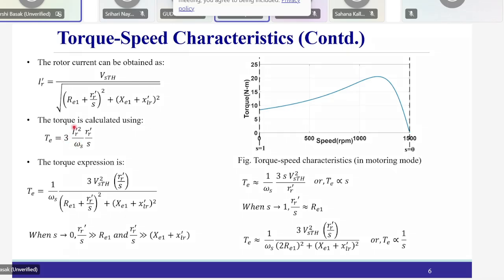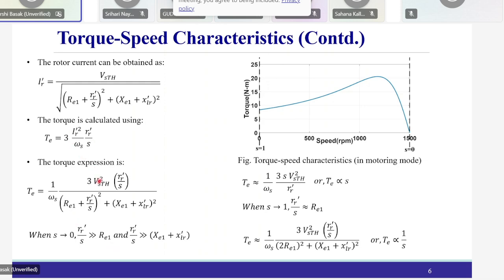And then if you see the torque expression, it is given by the rotor current, which is actually involved. So this is IR square into RR dash by S into omega S. So the torque expression is given by this relationship.